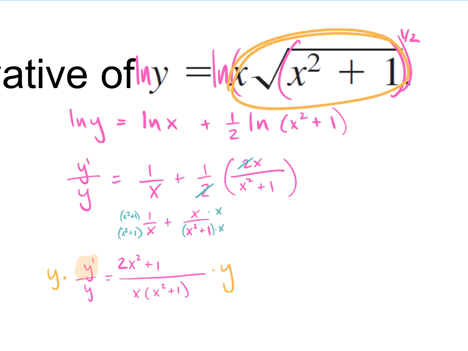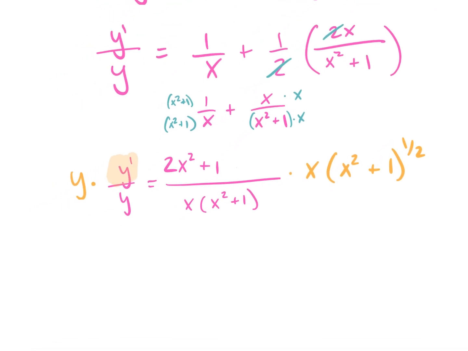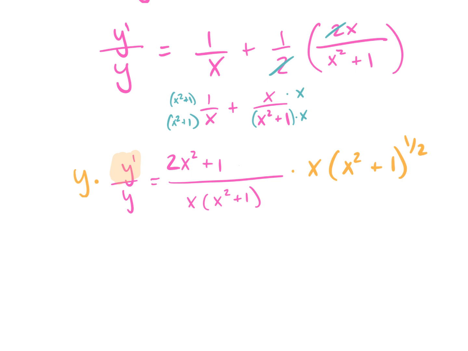Awesome. y was equal to x times the square root of x squared plus 1. So instead of just multiplying by y, we're going to multiply by x times the square root, which I'll call the 1/2 power. So x squared plus 1 to the 1/2 power.